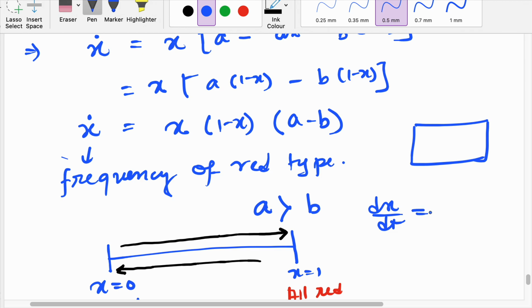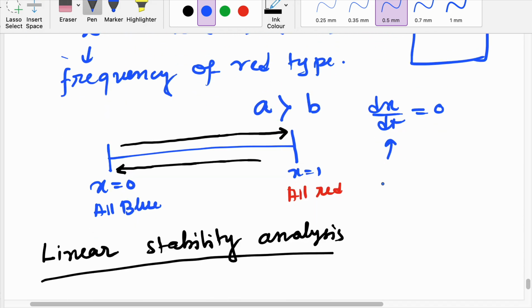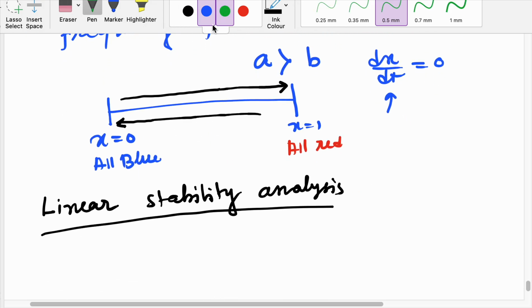When dx/dt becomes 0, after that point there will be no further change, suppose my trajectory or orbit reaches such an x that dx is 0. These kinds of points are called fixed points. So let me first calculate the fixed points here.